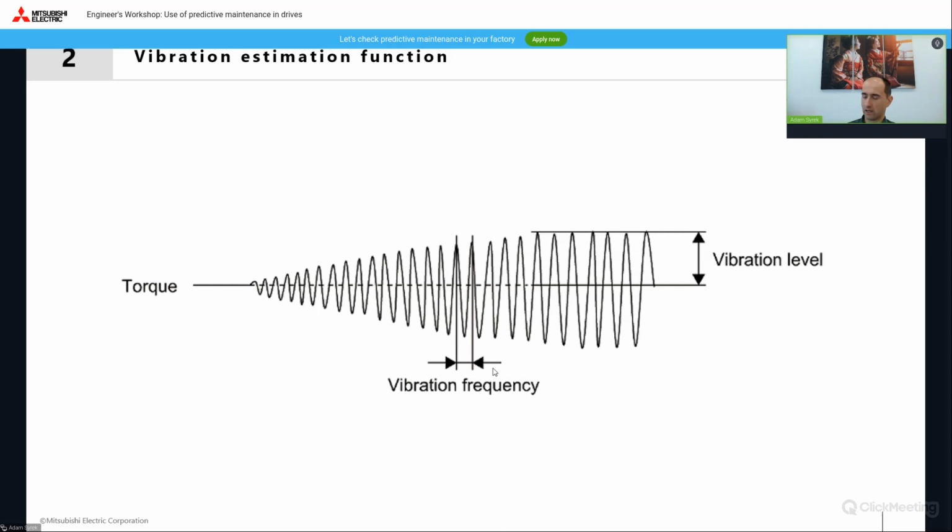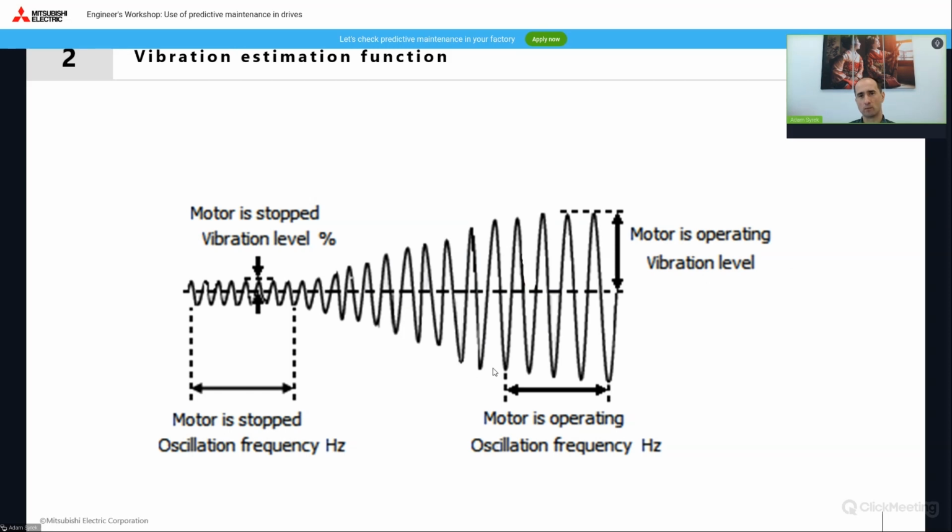And we can also get the information about the frequency of this vibration, if this vibration has some meaningful frequency. The amplifier measures these values also for the stopped axis. So we can see if something happens when the axis is stopped and when the axis is rotating.